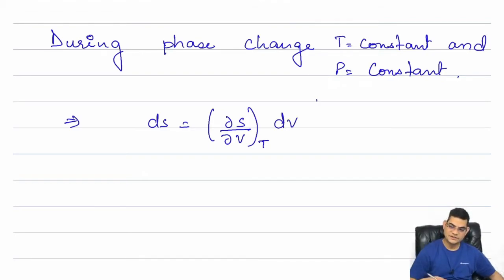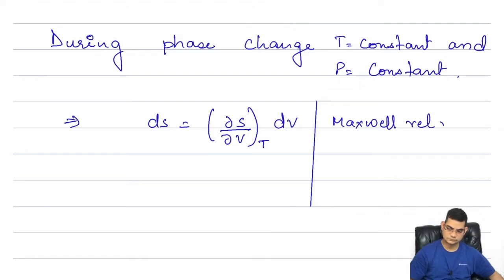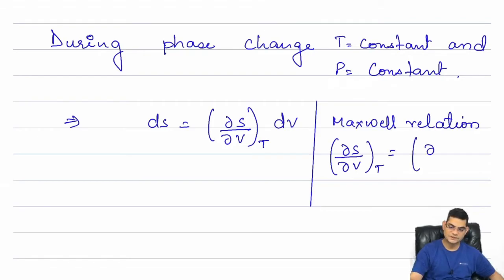Now from the Maxwell relation, we know partial differentiation of entropy with respect to volume at constant temperature is equal to partial differentiation of pressure with respect to temperature at constant volume.